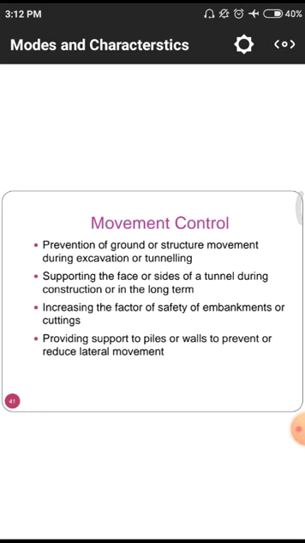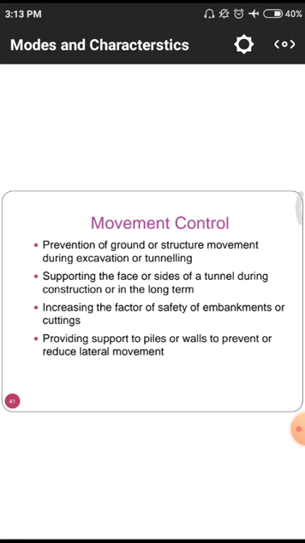These are the major four conditions used for controlling movement. The first is a restriction on structural movement. That means some of the structural parts will move according to the slope, so we need control on the structural parts.